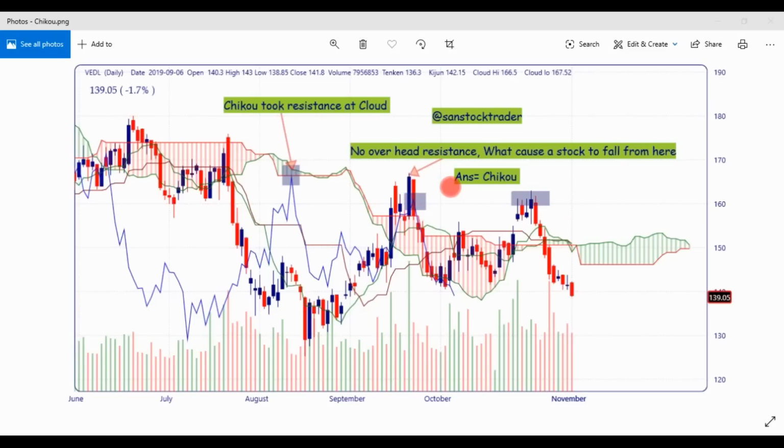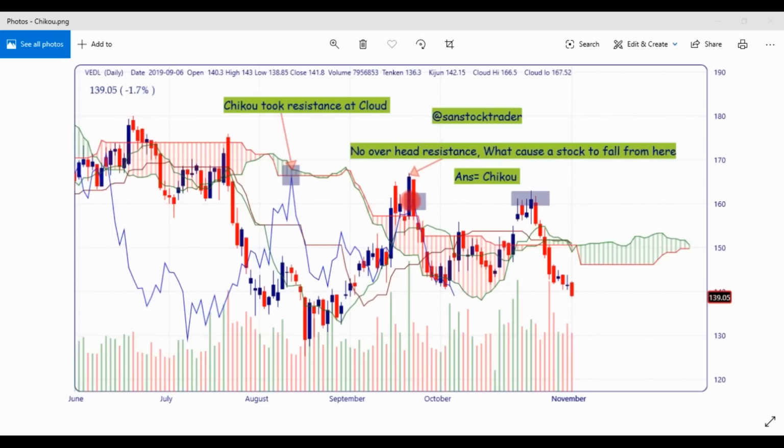So I can say it is resistance. Forget about Chikou, without drawing any tool, you can understand price is at resistance. At this level, two things can happen. Chikou can cross the price, that means a breakout above the 26-period high.